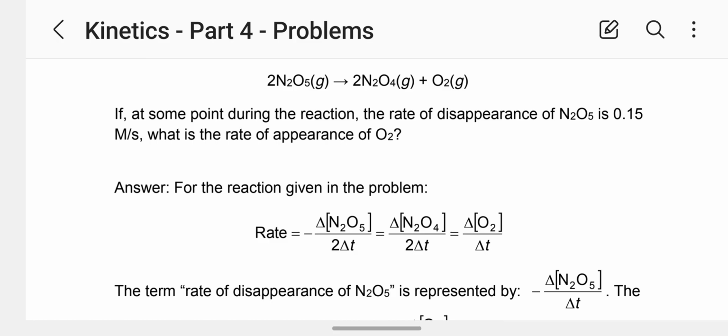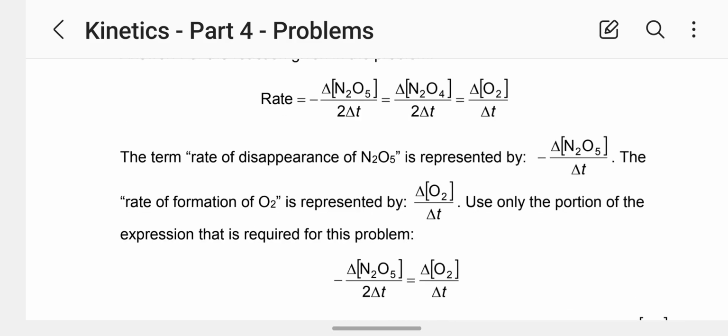Then the reaction given in this problem, their rate: negative change in concentration of N2O5 divided by 2 del T equals del NO2 divided by 2 del T equals del O2, meaning oxygen gas formed, divided by del T. So the term rate of disappearance of N2O5 is represented by negative change of concentration of N2O5 divided by del T. The rate of formation of oxygen gas is represented by change in molar concentration of oxygen gas divided by change in time.